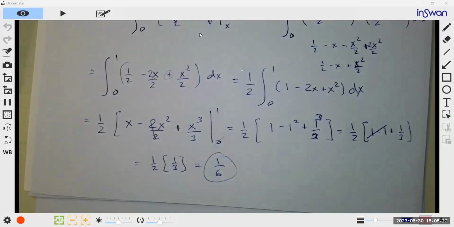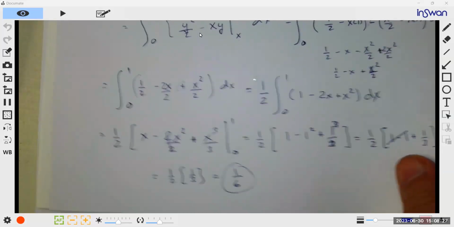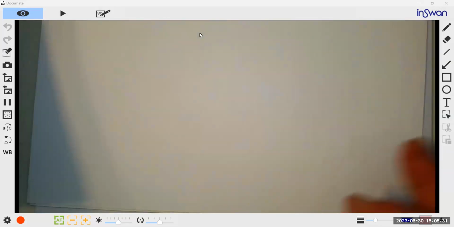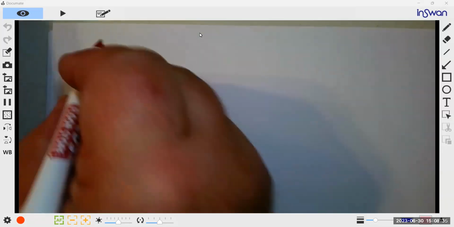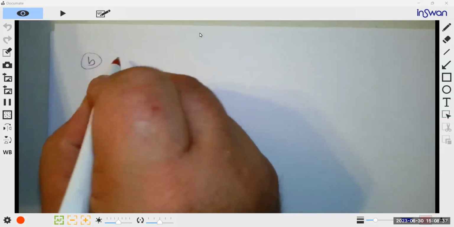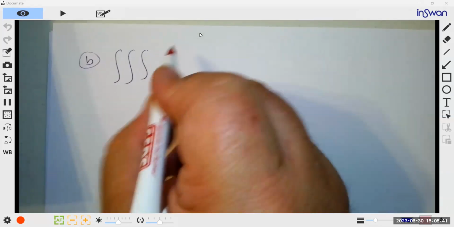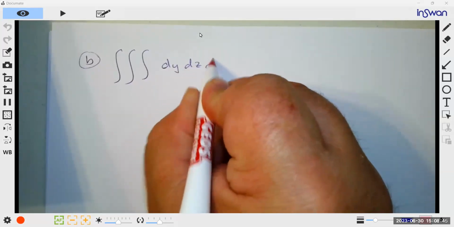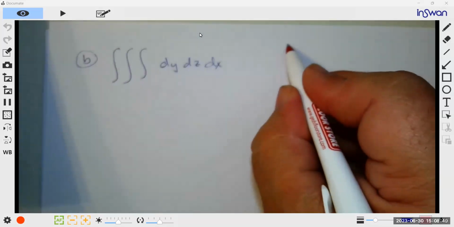Now I said to do the same calculations using the other order of integration. Okay, now we have to do the other order of integration. Part B. So now it wants us to do the same thing, but now with dy, dz, dx, using the same graph.